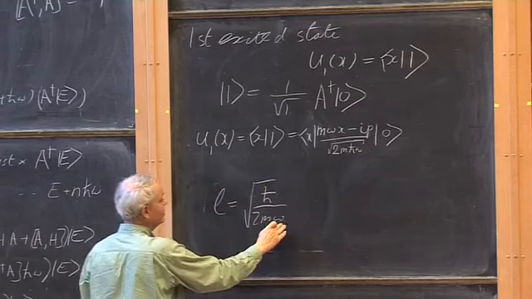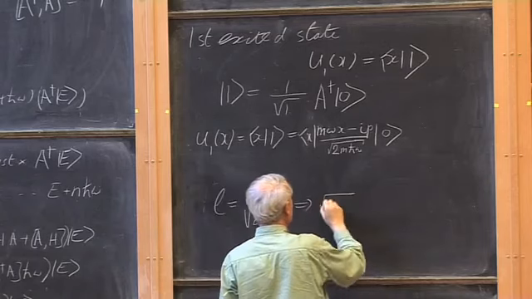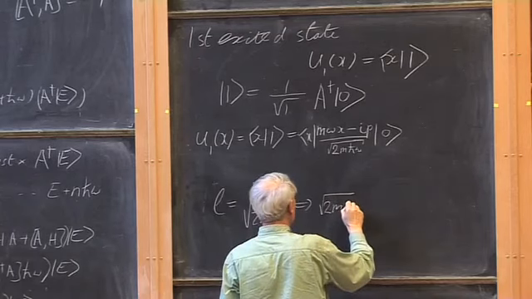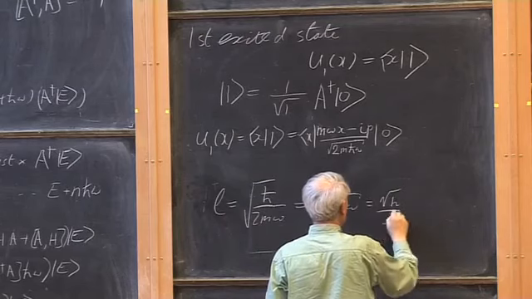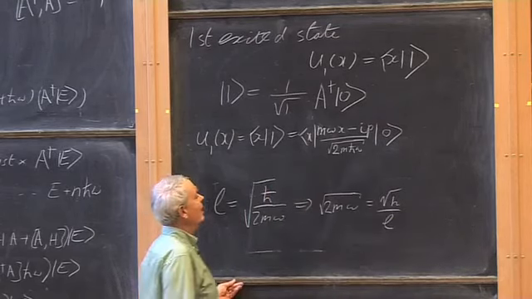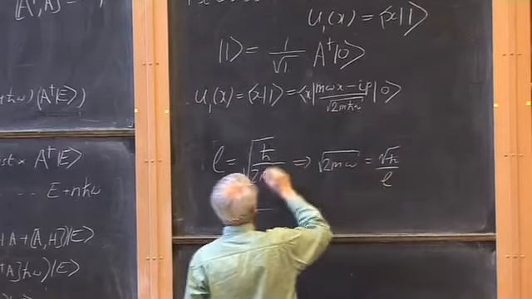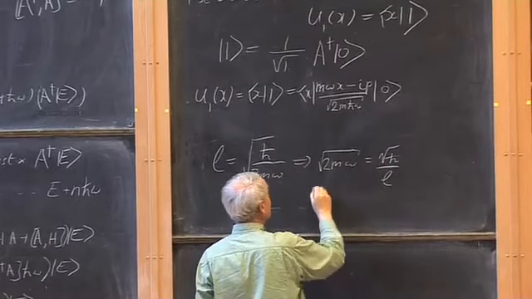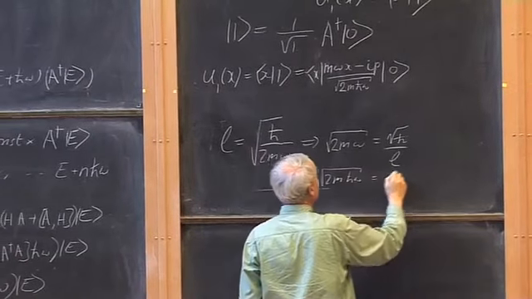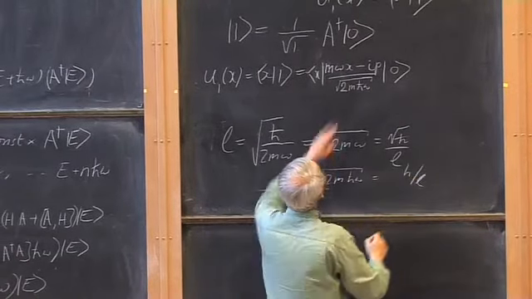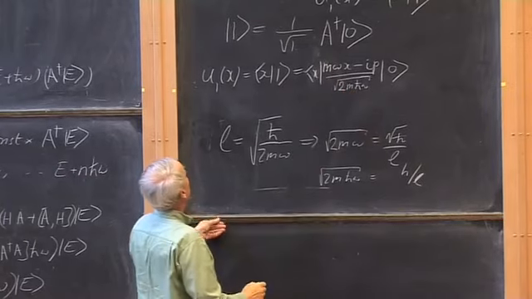Multiplying through by the square root of 2mω, I find that the square root of 2mω is equal to the square root of ħ over L. If I multiply through by ħ, I find that the square root of 2mħω is in fact equal to ħ over L. So this factor here is equal to ħ over L.